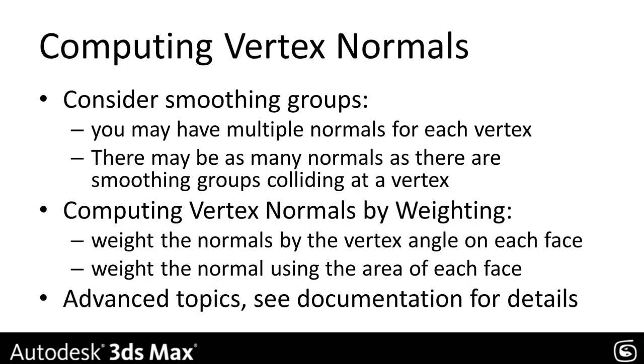This is kind of an advanced topic, and there's documentation that describes some of the details, but I just wanted to point out that computing vertex normals is totally possible, and that's how 3ds Max's pipeline works.